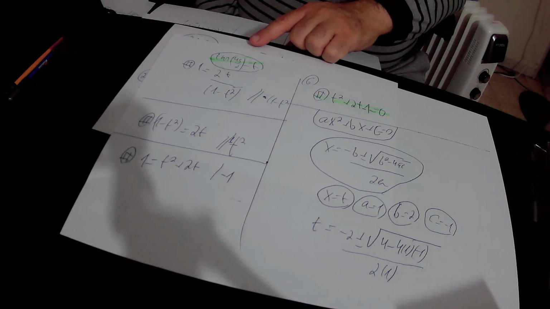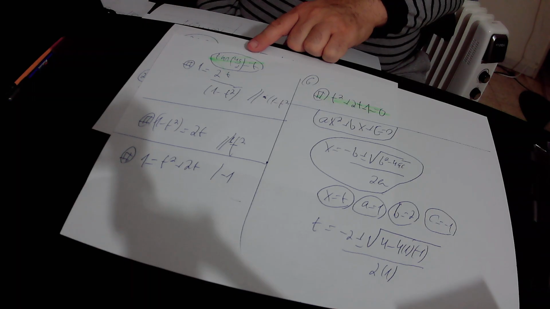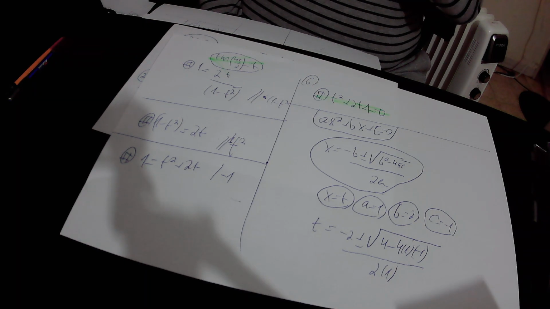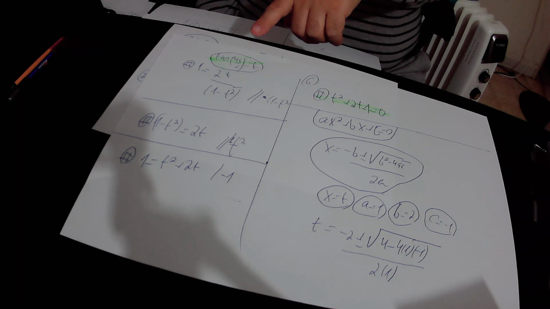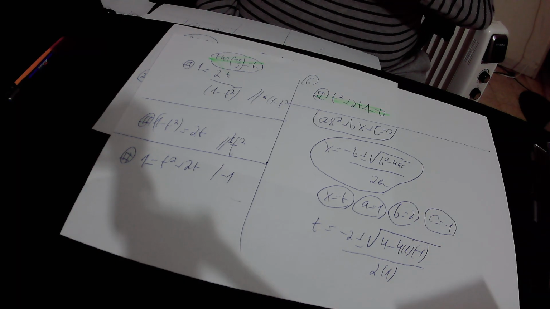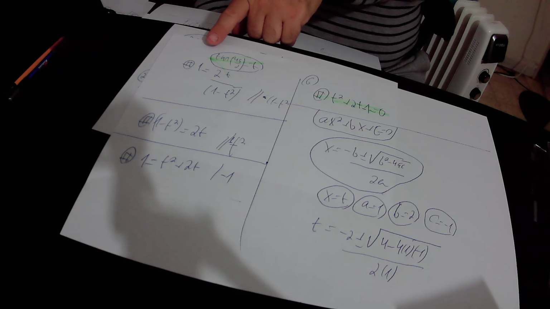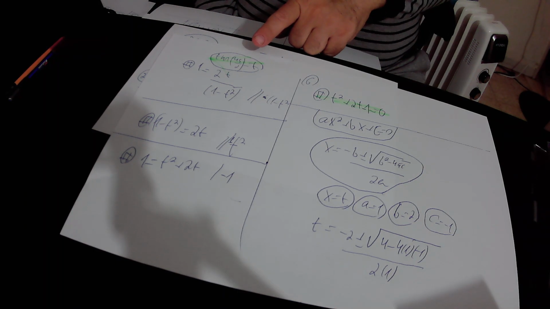Again, we define tangent 45 over 2 degrees as t, and we substitute it in equation number 2 by t. We found out tangent 45 degrees is 1, and it is equal to 2 times tangent 45 over 2 degrees, so tangent 45 over 2 degrees is t.